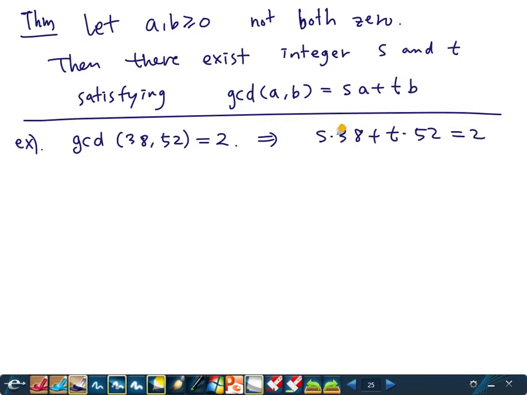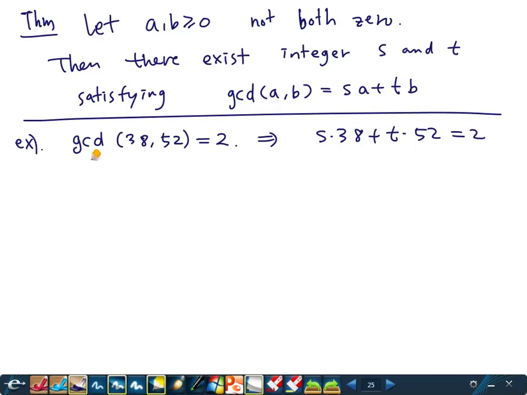We can find two integers s and t satisfying this relation. How can you do that? If you try to plug in some numbers, it will take a lot of time. Can you find it by looking at this? We need to try many times. But the Euclidean algorithm gives us a method, a routine to compute this.